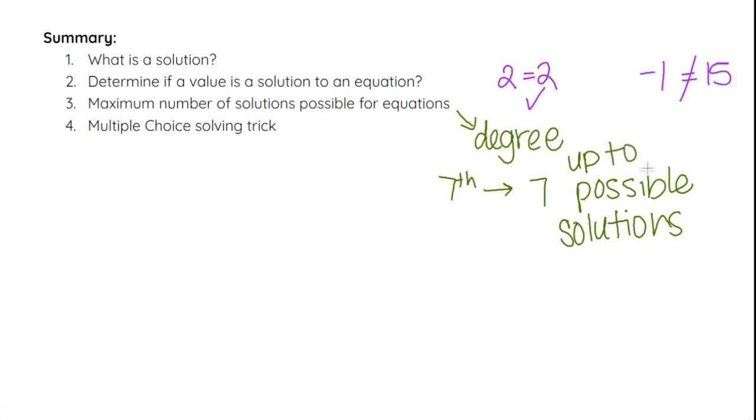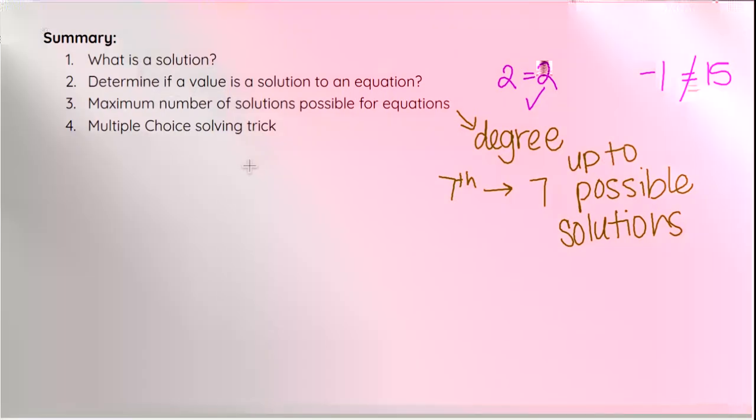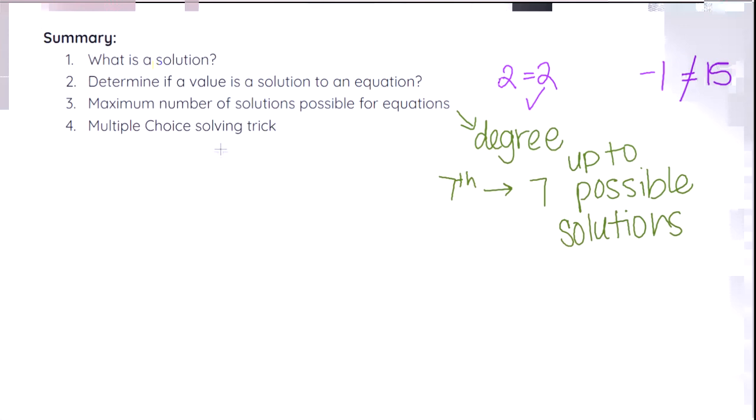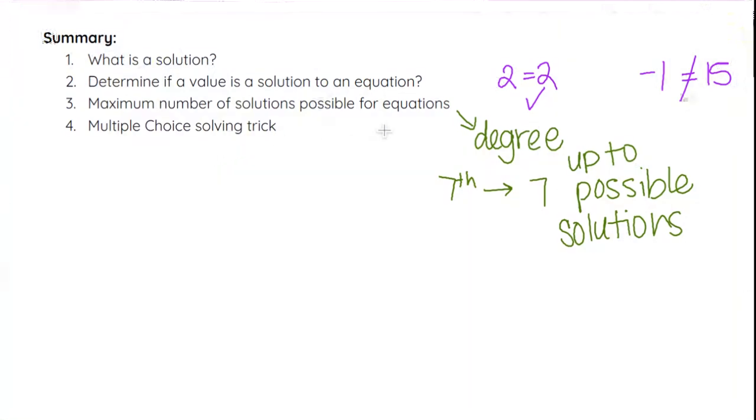There could be fewer. There could be 0, which in that case would be no solution. And then remember, we talked about the solving trick where you could avoid solving. If you have an equation and a list of multiple choice options, you could plug those back into the equation and see which one works out using this method we talked about.